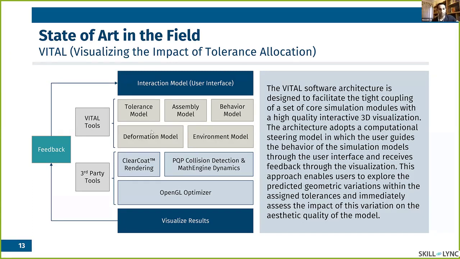Here, after we completely did these Vital tools, we use some third-party tools like ClearCode rendering, PQP collision detection, MathEngine dynamics and OpenGL optimizers, which are third-party tools that we are not really concerned about.